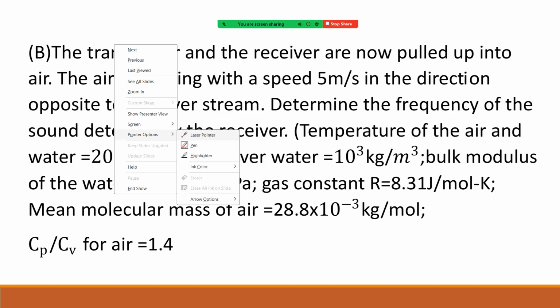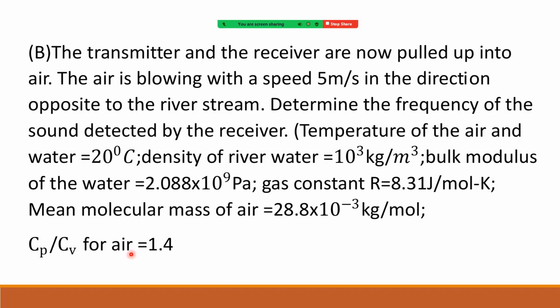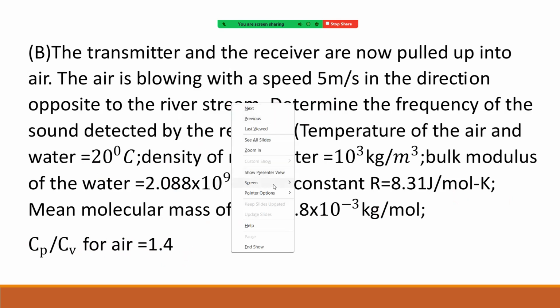So observe why we are given the temperature, the gas constant, the mean molecular mass and Cp by Cv, which means the gamma value. That means we have to calculate the speed of sound in air. Let us see how we solve the problem.